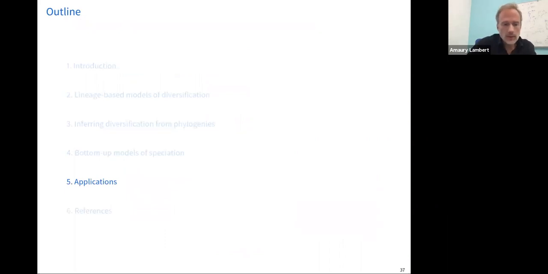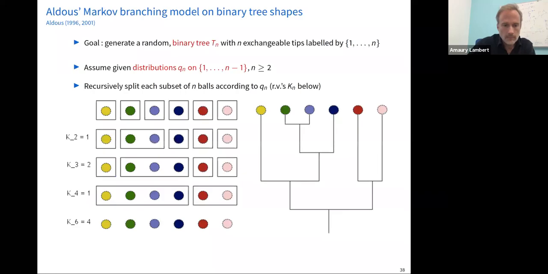So in the abstract, I had mentioned two applications. One was this question of how does the interbreeding graph look like at stationarity. And the second one, for the 5 minutes remaining, is a deeper dive into this question of beta and the imbalance of tree shapes.